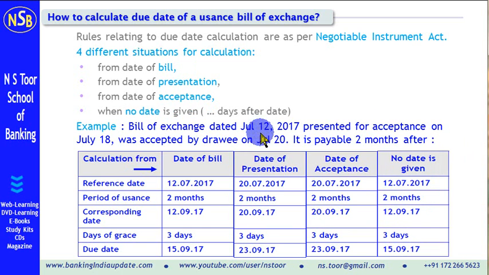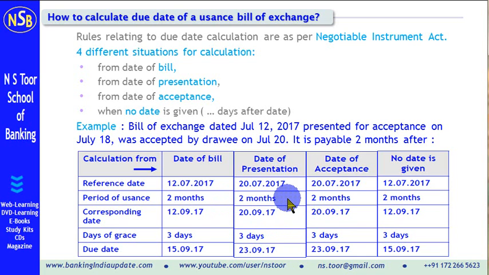So here the date of bill of exchange is July 12th. So we take the reference date as July 12th. We add 2 months. It comes out to 12th September 2017. We add 3 days of grace. So it comes 15th September 2017. That is how we calculate the due date.